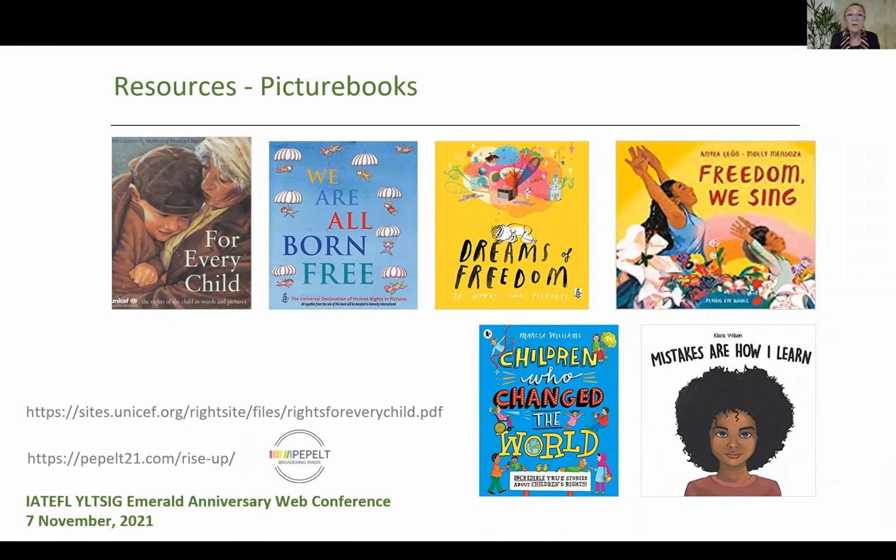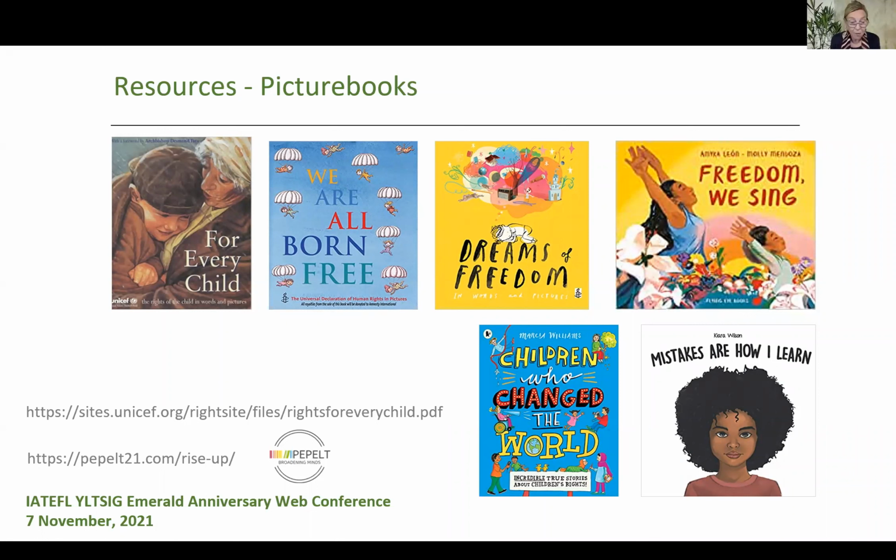Now, Freedom We Sing was PEPELT's, Picture Books in European Primary English Language Teaching, Book of the Month for January 21. It's by Amyra Leon and illustrated by Molly Mendoza, published by Flying Eye Books in 2020. It's a poem, and it's been endorsed by Amnesty International to remind us that we're all born free and equal.